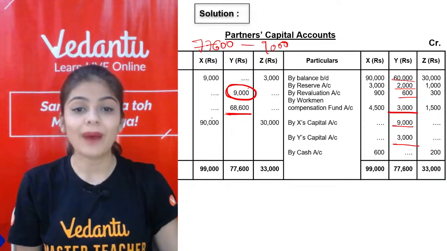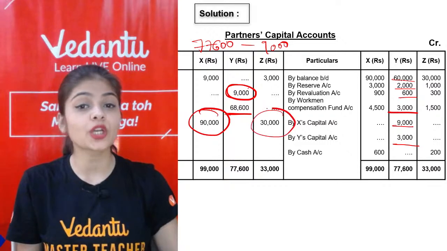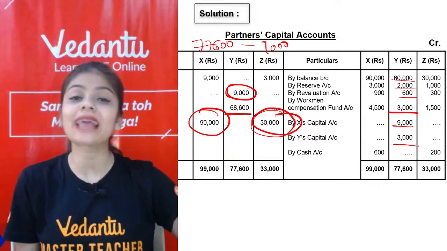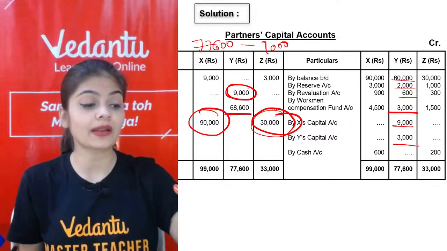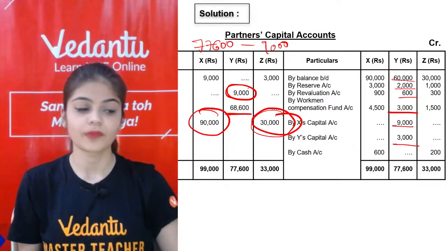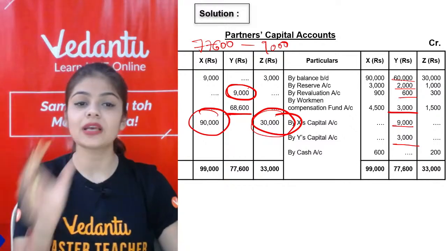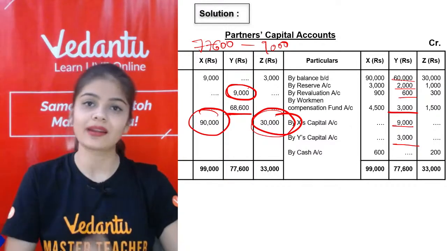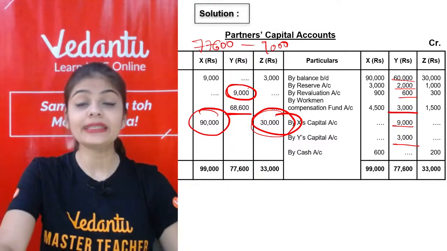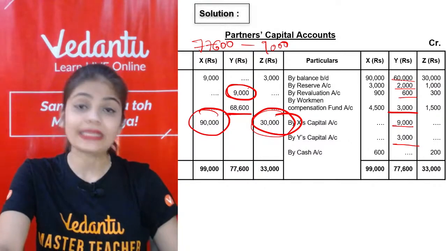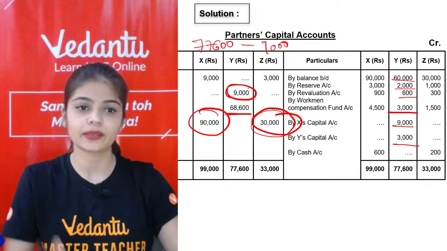And the balance of the remaining, continuing partners will be carried down. Those who will remain in the business, their capital will be carried down. So this is how the capital account will be prepared in the case of retirement of a partner.